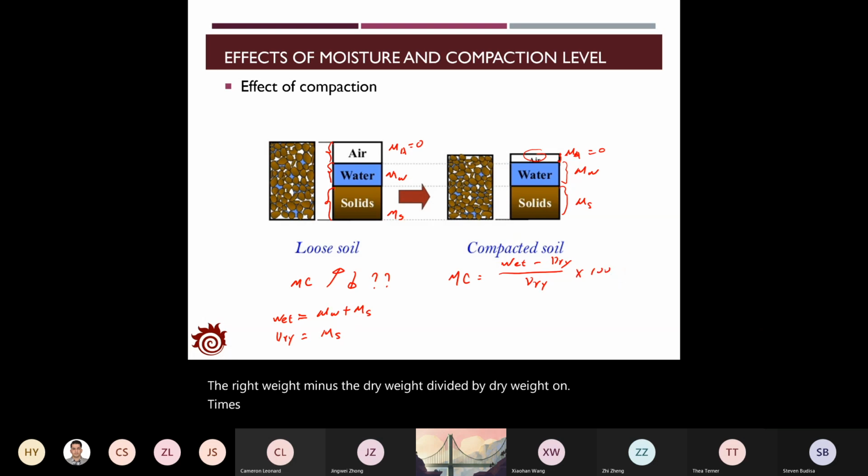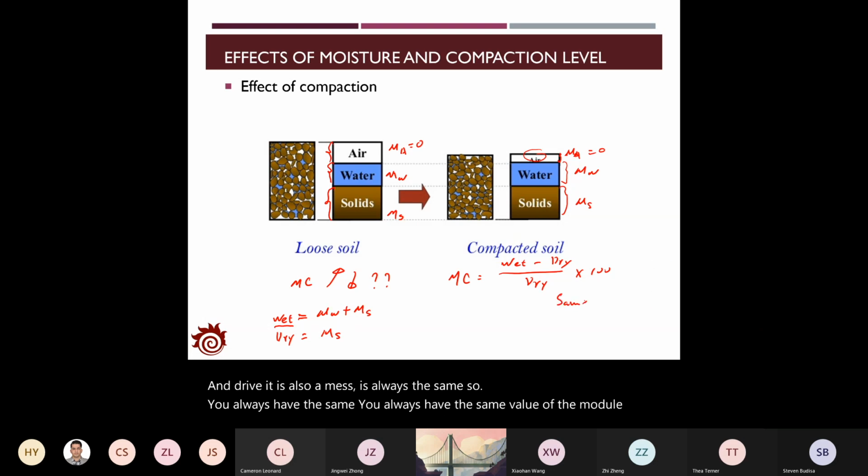In this equation, you can see that the wet weight, Mw plus Ms, and the dry weight, Ms, are the same before and after. So you always have the same value of the moisture content. No change.